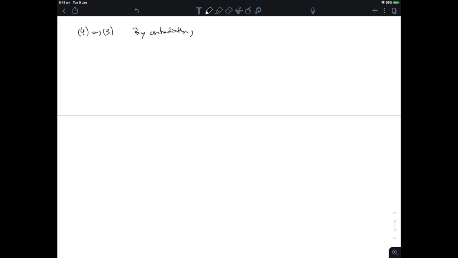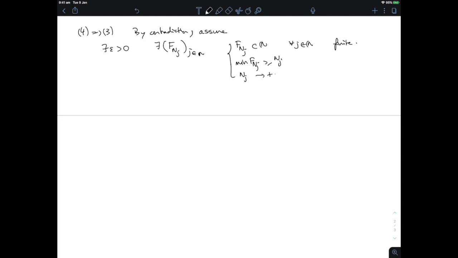And so we assume that there exists an epsilon and there exists a sequence F_j of subsets of N that are finite, and such that the minimum of the F_j is always greater or equal than n_j, and the sequence n_j goes to infinity.